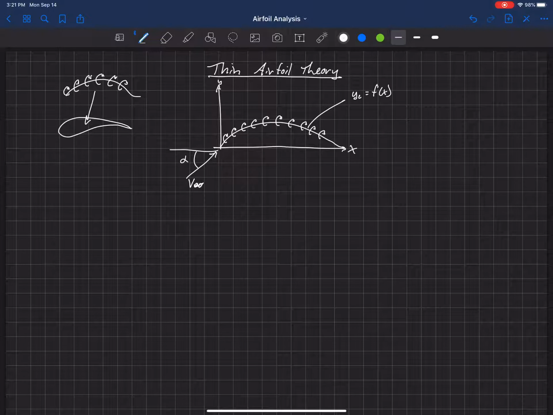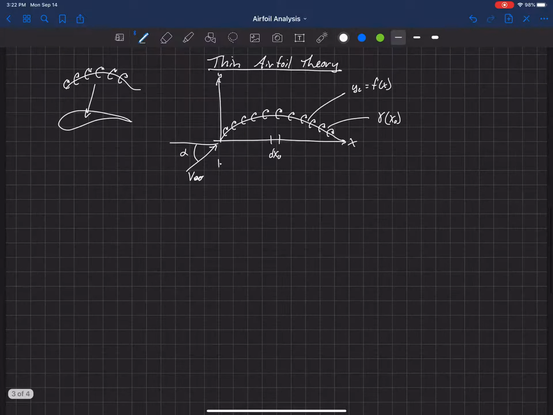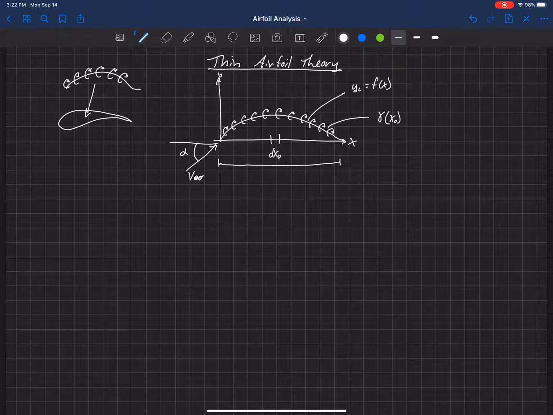So this sheet of vorticity can vary in strength, and the strength of that will be a function of X. So we're going to call this gamma of X naught. So X naught will be our variable down here. We're going to integrate over X naught along the length of this airfoil, and we're going to go from the leading edge to the trailing edge, and that has a length of C.